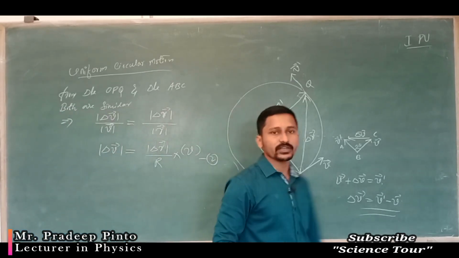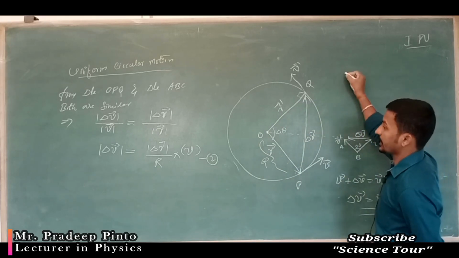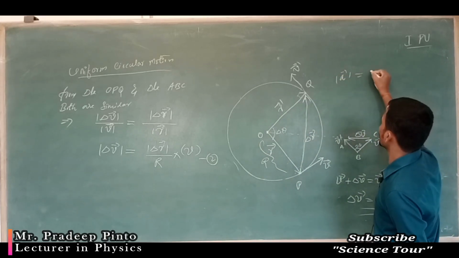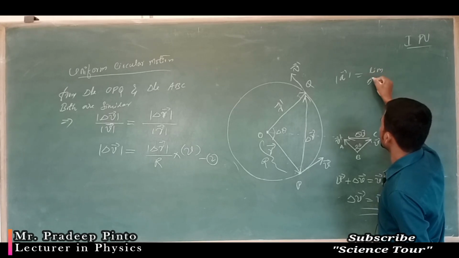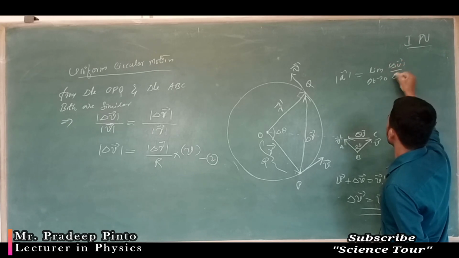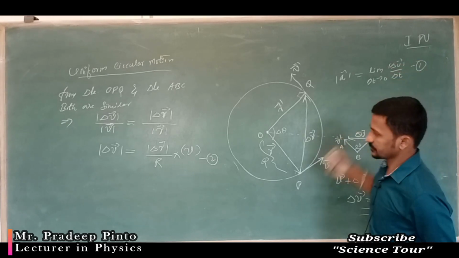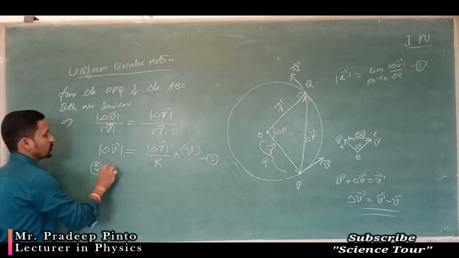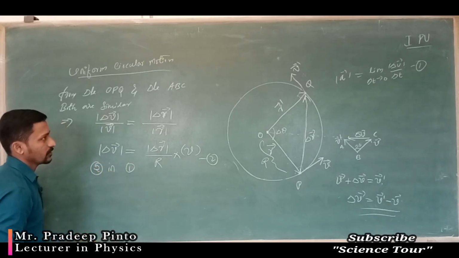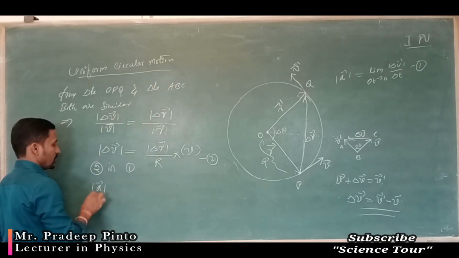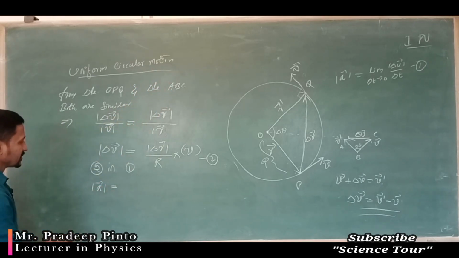Which was equation 1? Equation 1, which I have erased, is A equal to the limit as Δt tends to 0 of ΔV vector by Δt. Now put equation 2 in equation 1. What do we get?